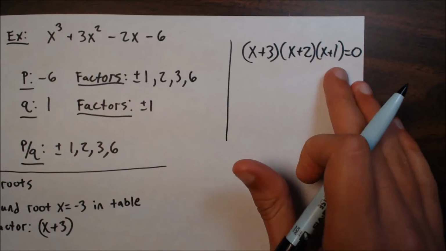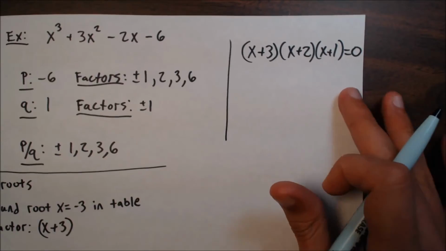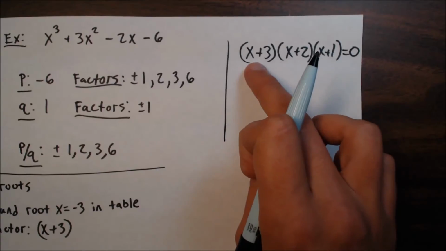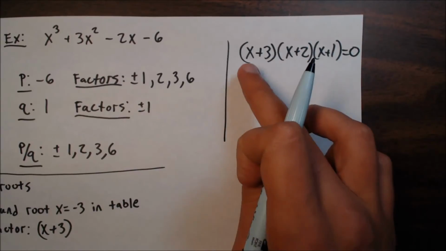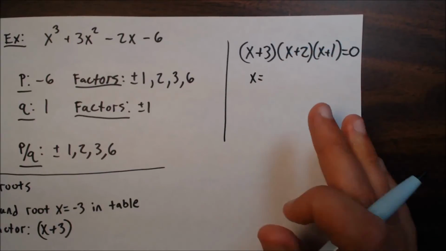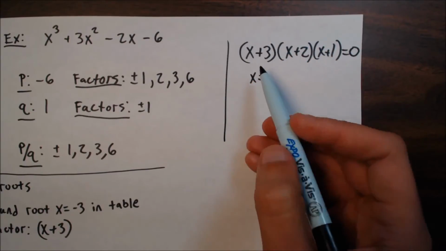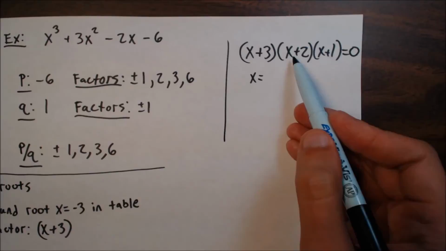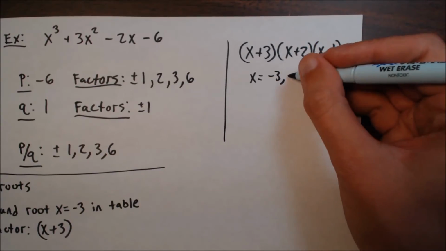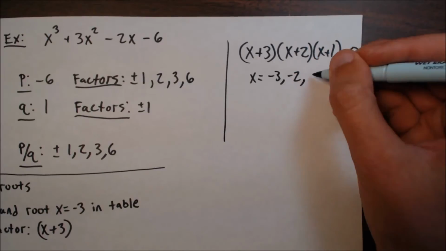If you can factor a polynomial like this, then you know what the zeros are, you know what the roots are, or the x-intercepts. They're going to be those things that make these 0. So if I had a polynomial like this, my solutions to this equation, which would be my zeros or my roots, would be -3, -2, and -1, because those are the things that would make those factors equal 0.